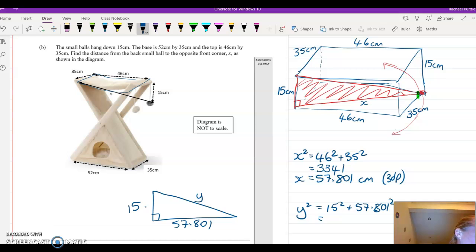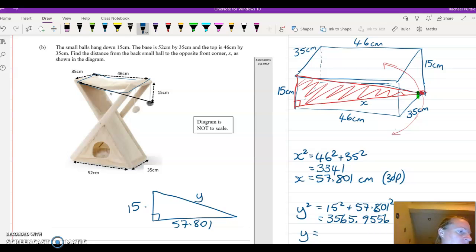I need to clear all of this. 15 squared plus 57.801 squared is 3,565.9556. Sorry, I hate using my phone, but I don't have a calculator here at home.